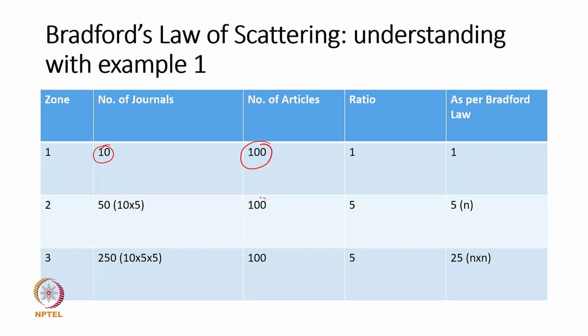The next 100 articles are published in 50 journals. Another next 100 articles are published in 250 journals. As per Bradford, there is a relationship between 10 and 50. 50 is equal to 10 into 5, 250 is equal to 10 into 5 into 5.